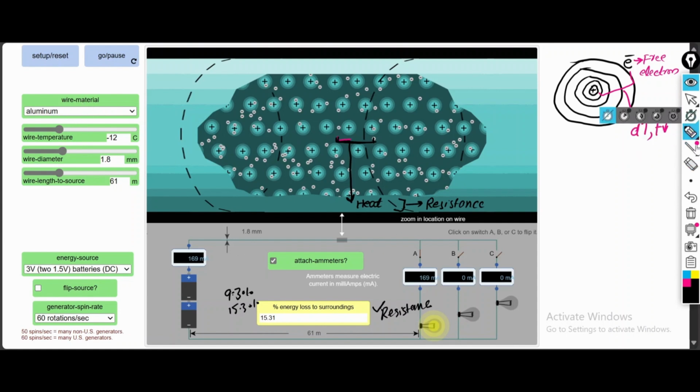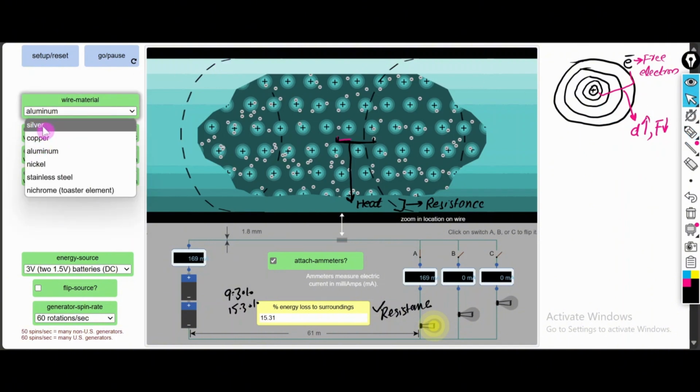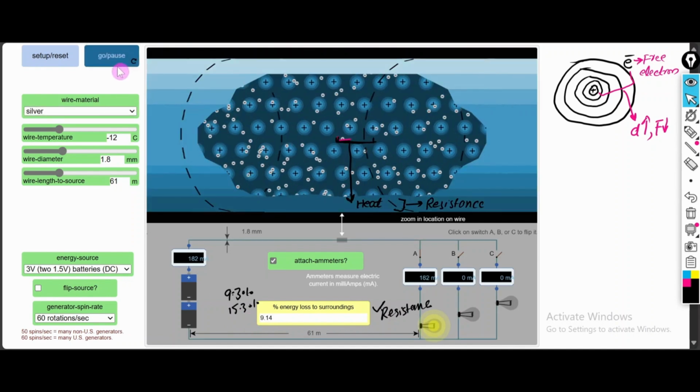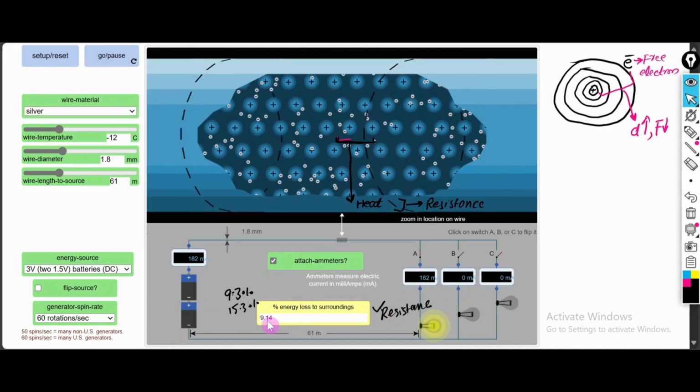So each element has its own resistance. If I change it into silver, then for silver it becomes 9.14. This is for silver, this was for aluminium, and this was for copper.